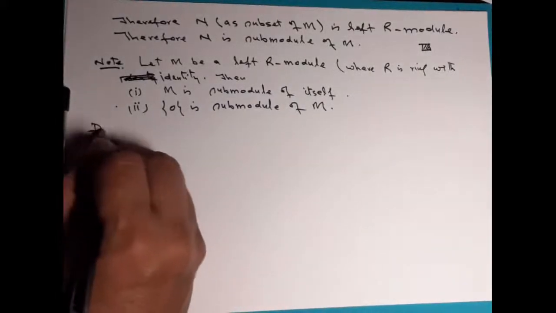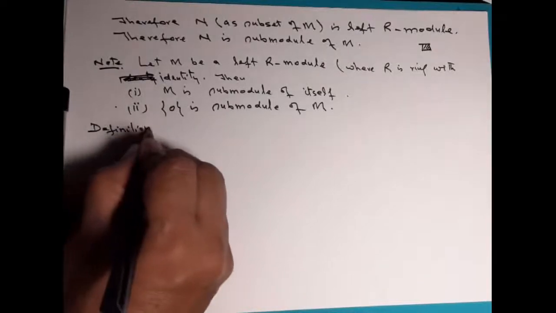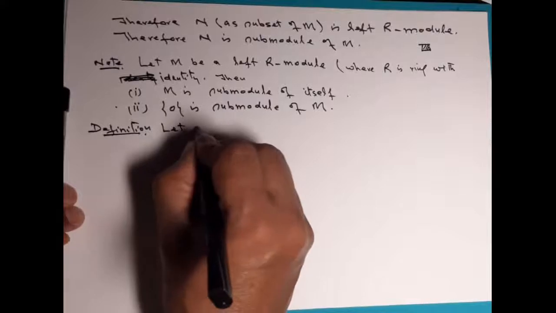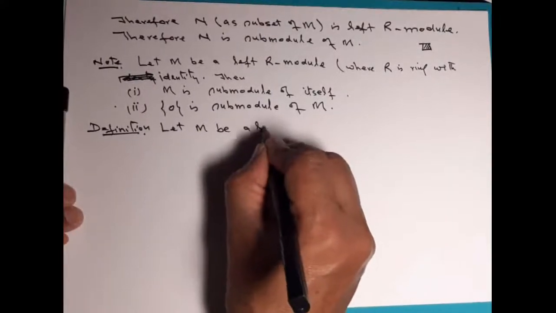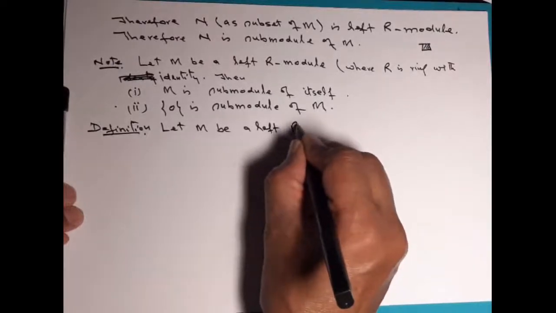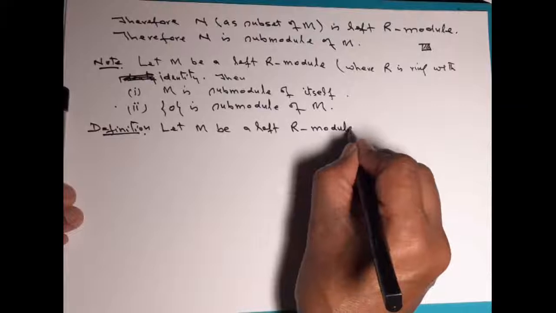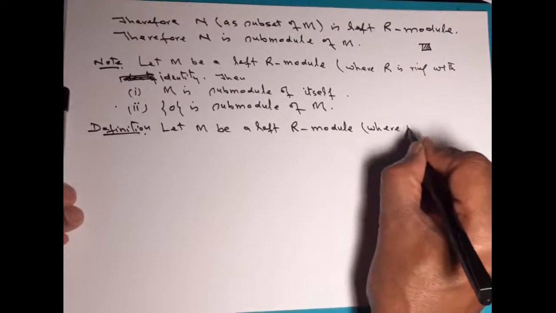Let's have a definition. Let M be a left R module, where R is a ring with identity.